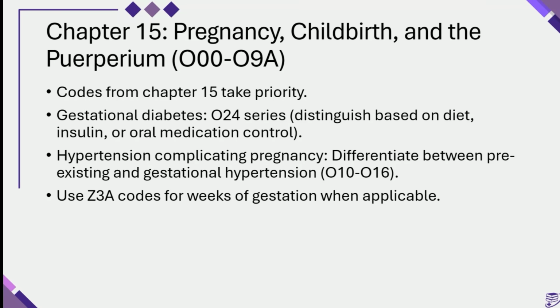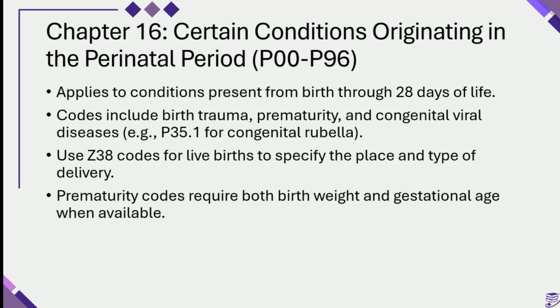for proper coding. Chapter 16 focuses on the perinatal conditions, so those that are present from birth through 28 days of life. This includes things like birth trauma, like prematurity, things like congenital infections. We always use Z3A codes, that category, to identify live births, specifying the place and the type of delivery.